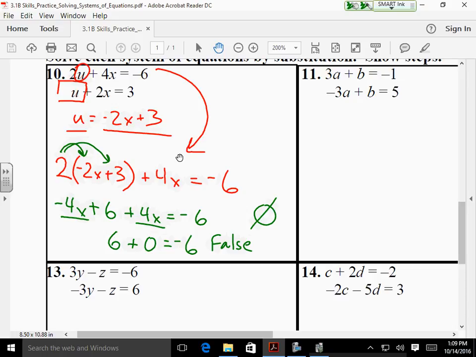And if there's no solution, then we know that these two lines must have been parallel. That's probably what you got, hopefully, for number 10 on the skills practice side. That's probably what you got when you did it using graphing. You got two parallel lines. Two equations that had the same slope but a different y-intercept.